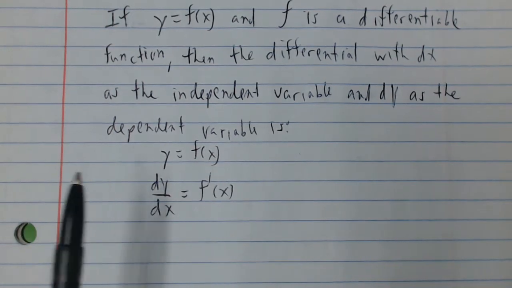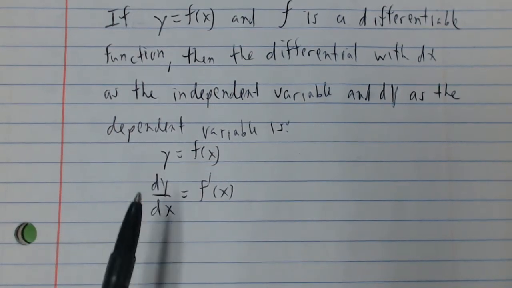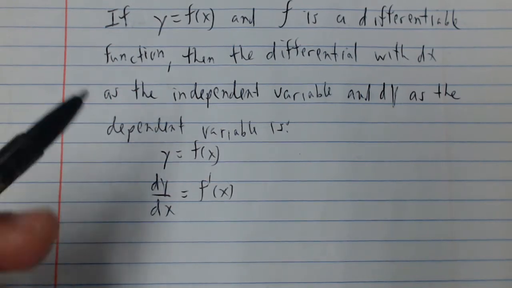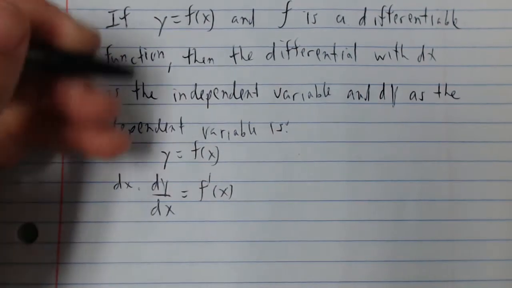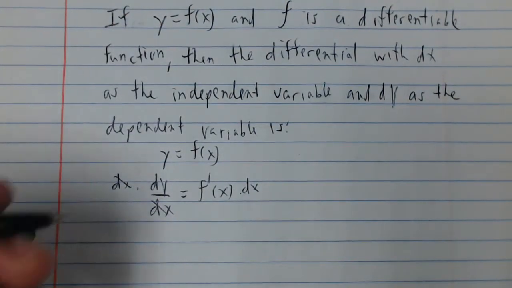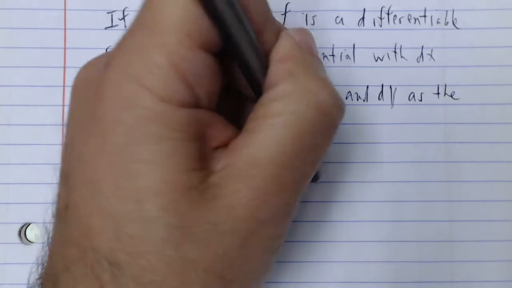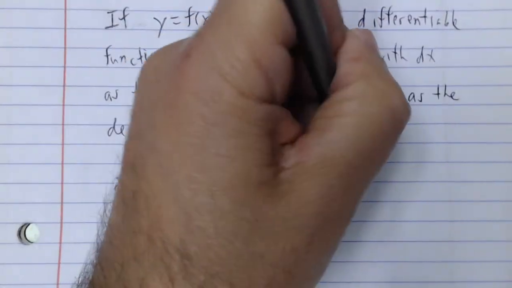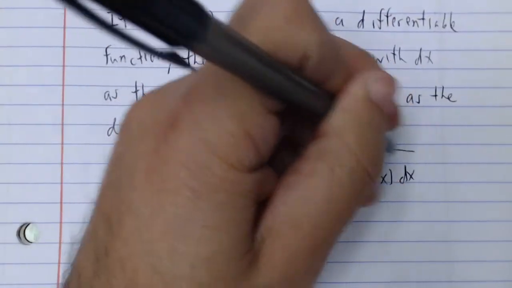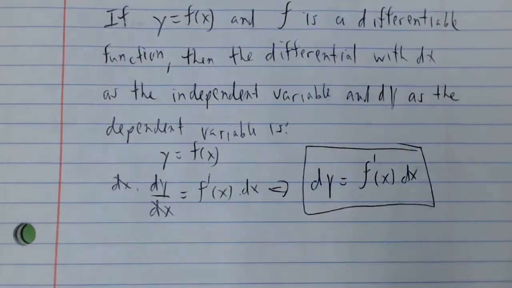But here's what we do. Since this is dy over dx, the change of y divided by change of x, if I multiply both sides by dx, these dx's cancel out. And this gives me that dy equals f prime of x dx. And by definition, this is my differential.